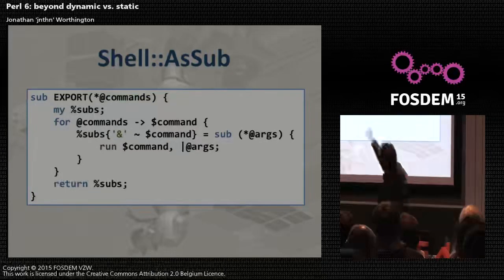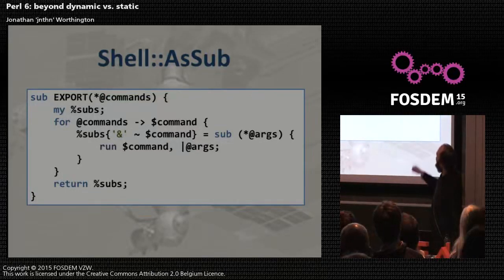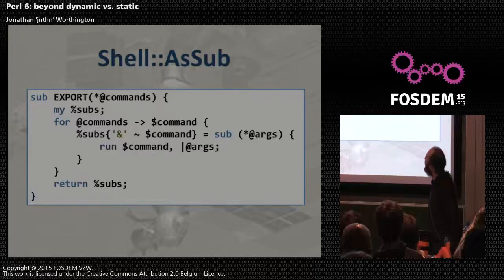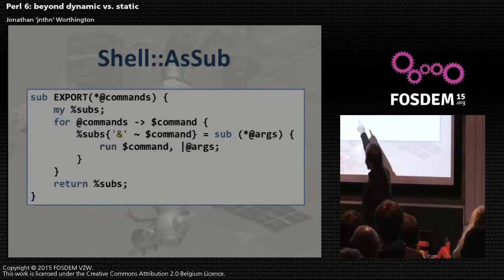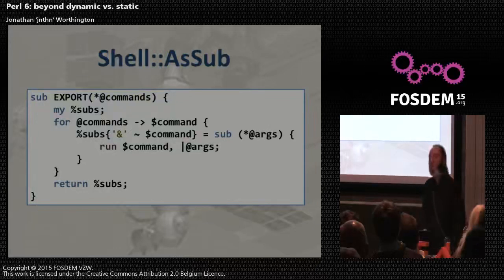So all I need to do is loop over the commands, create this little anonymous subroutine that takes some arguments, runs the command, flattens that argument list in there, and then we'll just install it in this hash, stick an ampersand on the start, because that's the way subs are installed, and return it. We're done, and that's it.